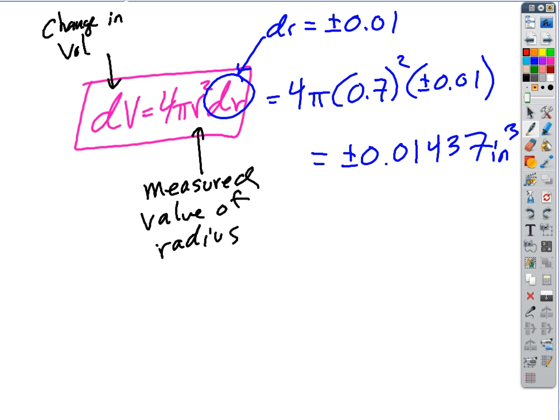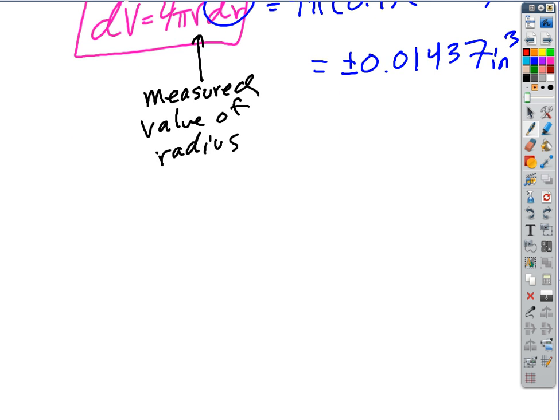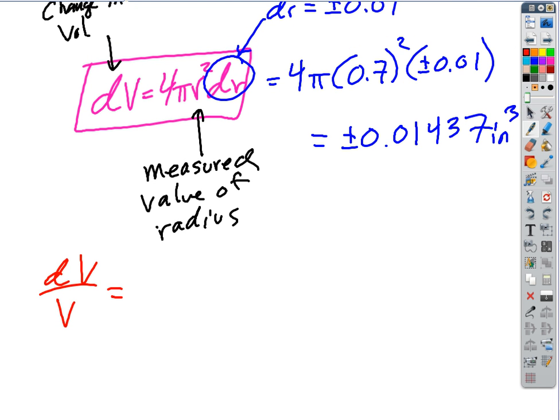All we knew was how far off the volume calculation could be, but we want a percent instead. If we want to calculate the propagated error in volume, we really want the relative propagated error, right? So we should have calculated dV over V. Now dV was just 4 pi r squared dr, and V was 4/3 pi r cubed.